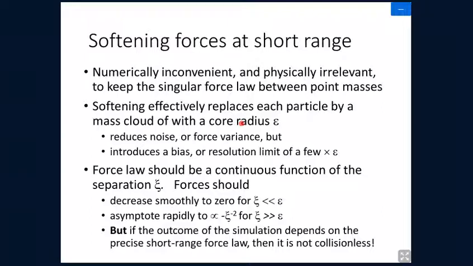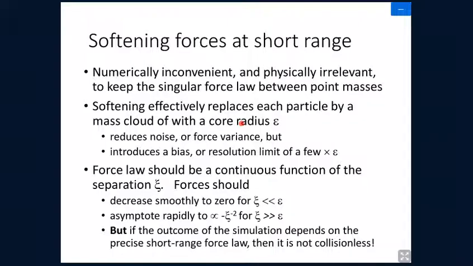Now, all n-body simulations of collisionless systems use some kind of softening of forces at short range. It's physically irrelevant in a collisionless system to try to compute the interaction between two particles that are very close by, because in a collisionless system, by definition, the forces that are important are those that arise from the distant matter, and the forces from nearby particles are irrelevant.